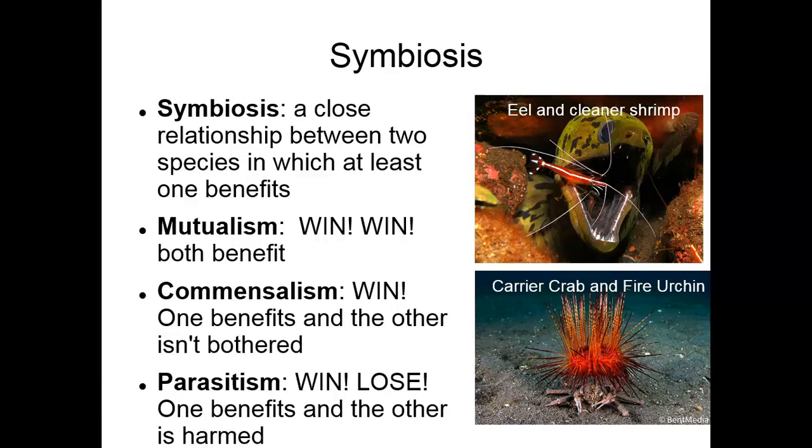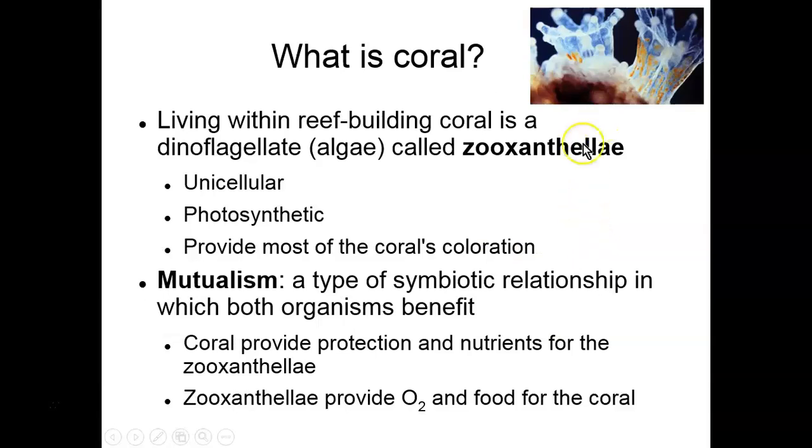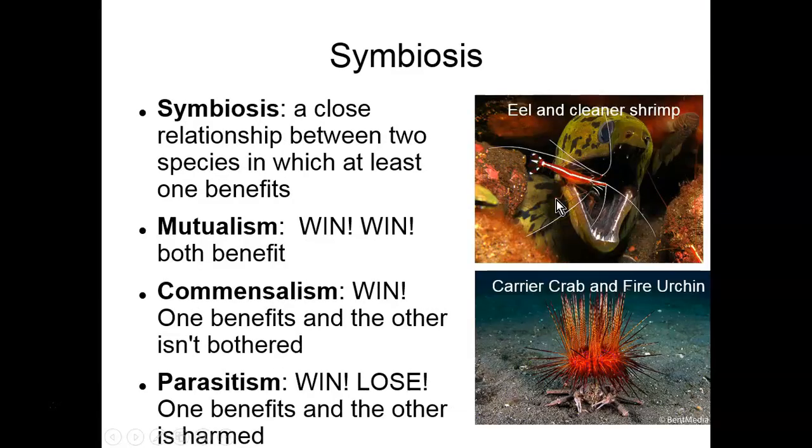Another example that's seen in kelp or coral reefs is this moray eel up here and the cleaner shrimp. The moray eel has lots of parasites that like to grow on it, and so this cleaner shrimp will come along and eat the parasites off. So in this way, the eel is getting its parasites removed, so it's getting healthier, and the shrimp is getting food.